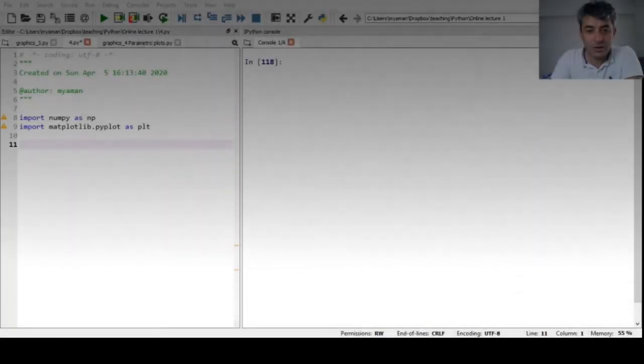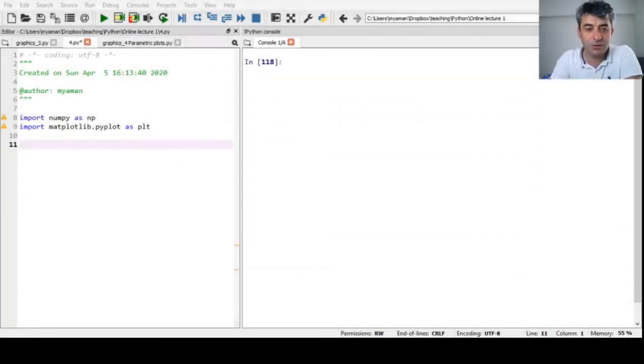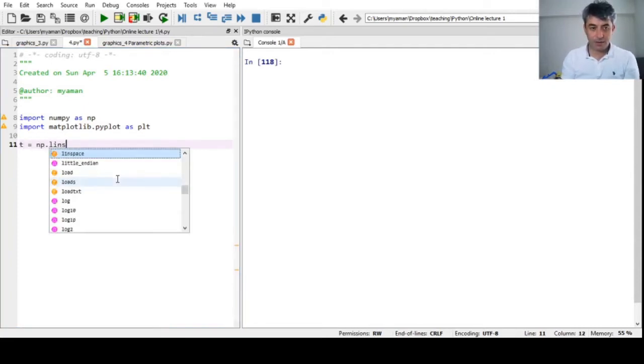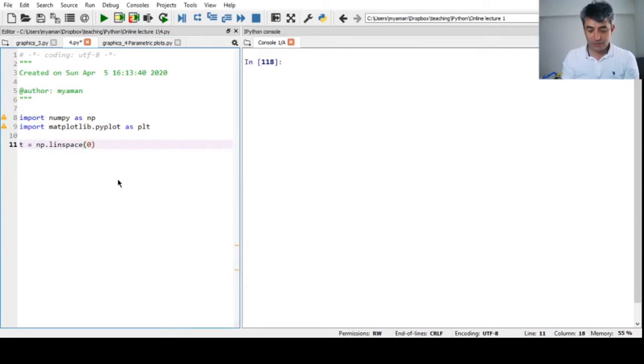Now in this video I want to explore sine and cosine functions using matplotlib's graph library a little further. So let's create a t-array using linspace from 0 to 2 pi, numpy pi.